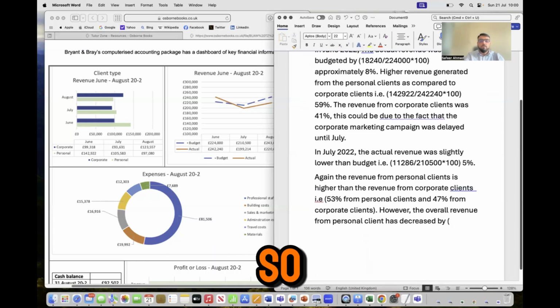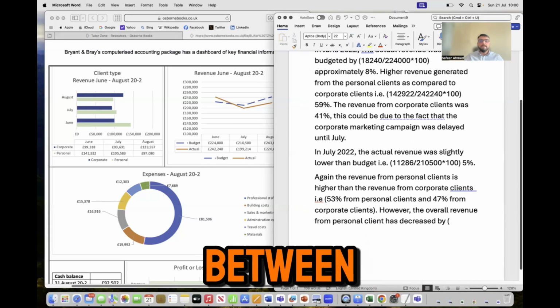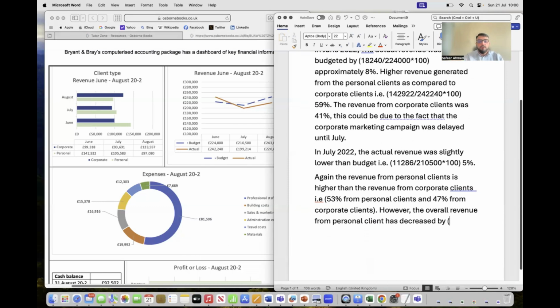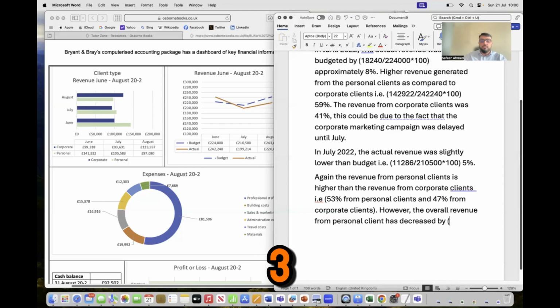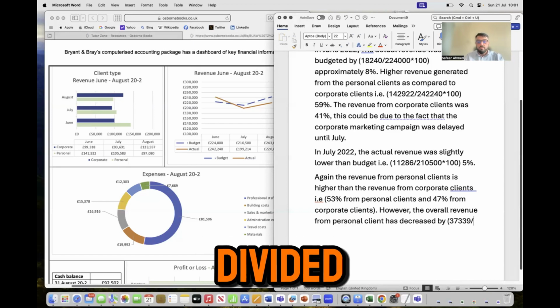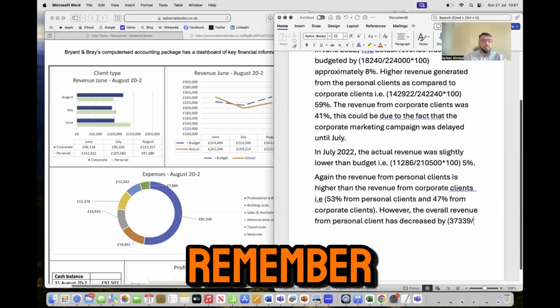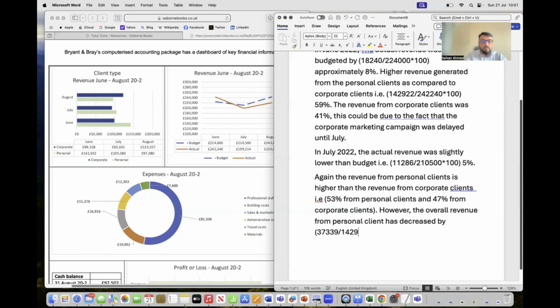The difference between revenue from personal clients in June, 142,922, minus revenue from personal clients in July, 105,583, gives you 37,339, divided by the total in June, which was 142,922.